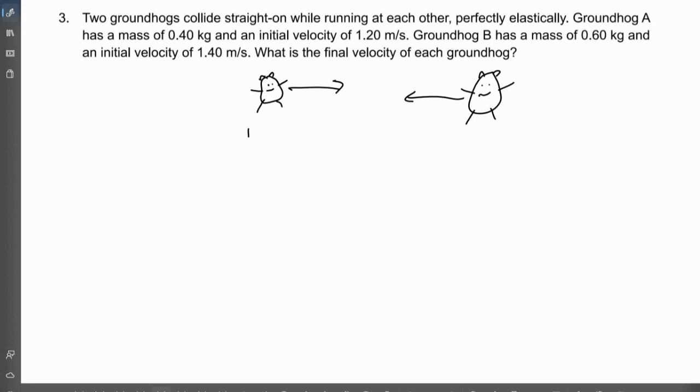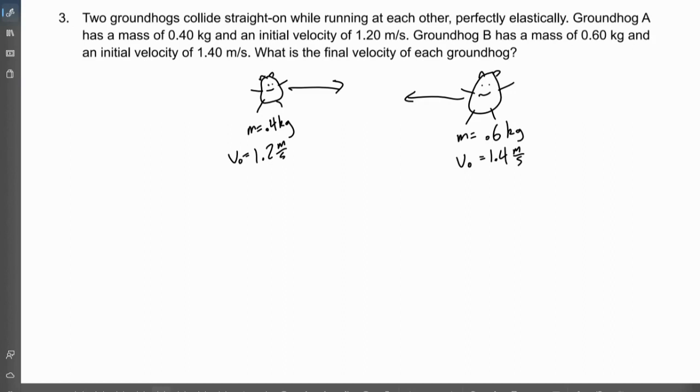Groundhog A has a mass of 0.4 kilograms and initial velocity 1.2 meters per second. Groundhog B has a mass of 0.6 kilograms and an initial velocity of 1.4 meters per second. What's the final velocity of each groundhog?